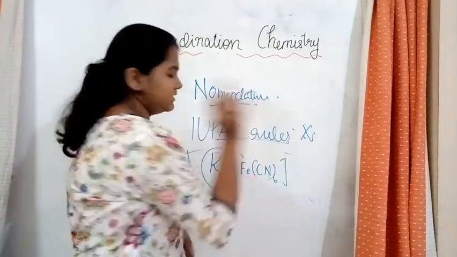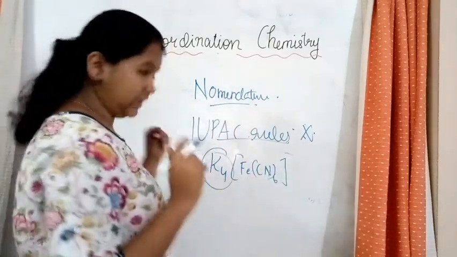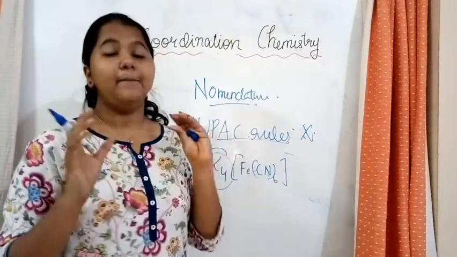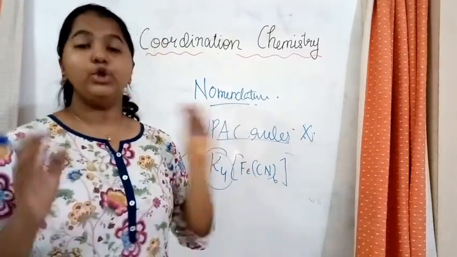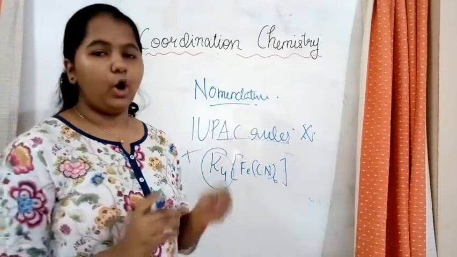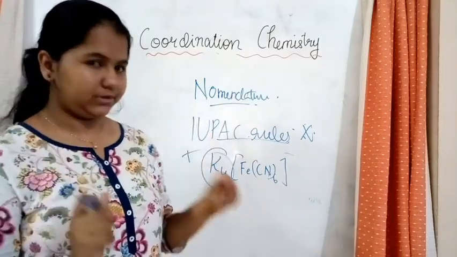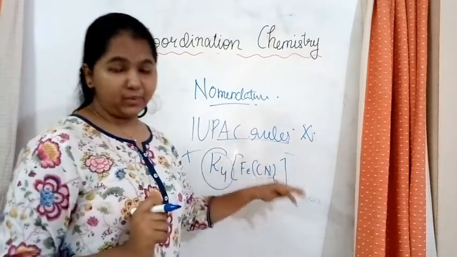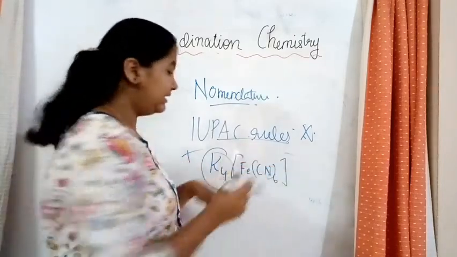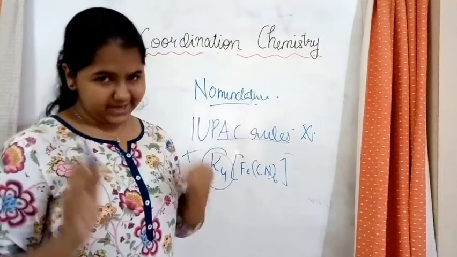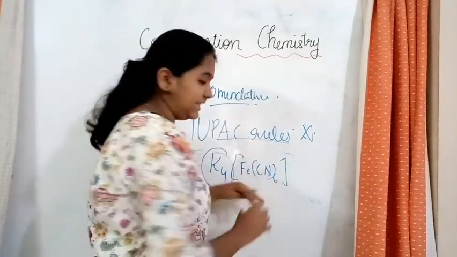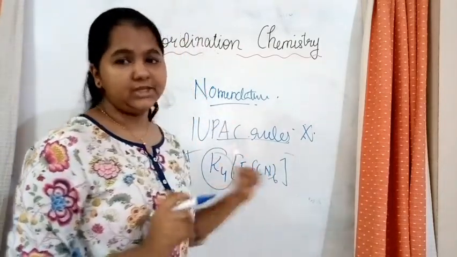This is positive and this is negative. Am I right? So K4, that is potassium, would just be mentioned. You won't write tetrapotassium or tripotassium, you just write potassium. And then when you write the name of the coordination entity, you first mention the ligand and then you mention the central metal atom.